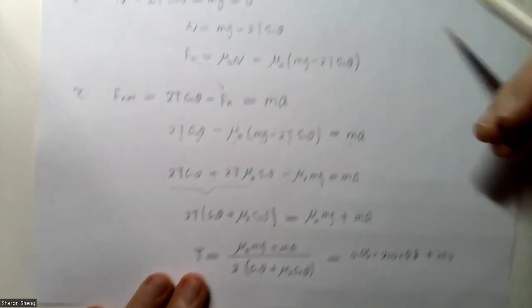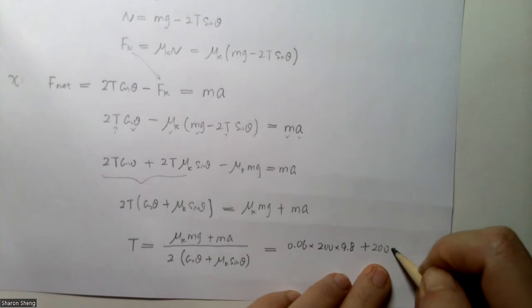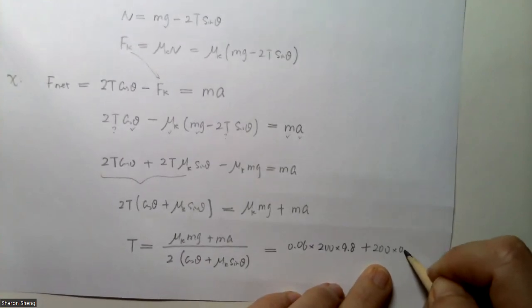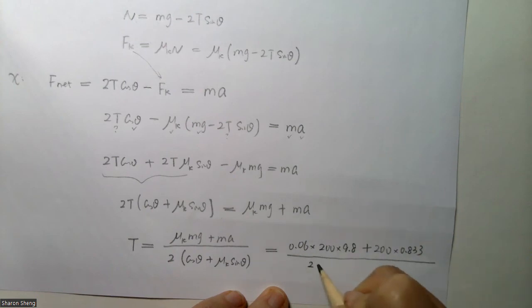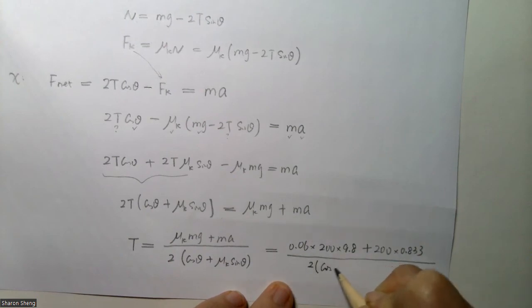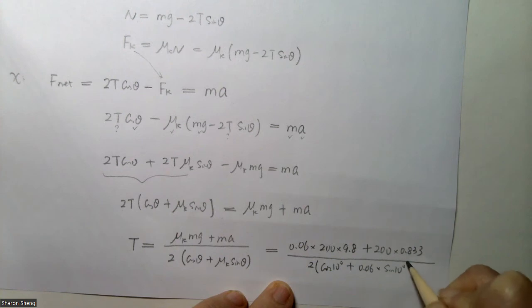What is a? We got a from step 1. A equals 0.833. So 200 times 0.833, divided by 2 times cosine 10 degrees plus mu sub k 0.06 times sine 10 degrees.